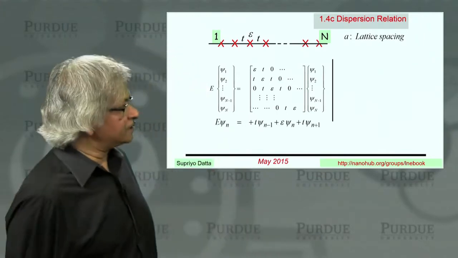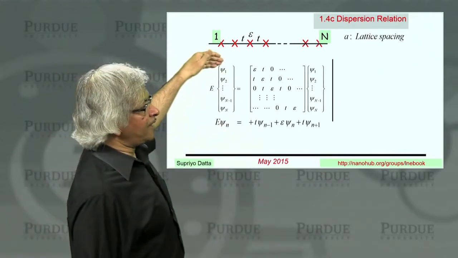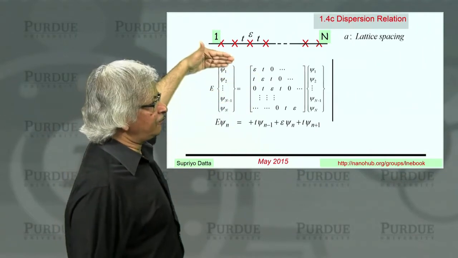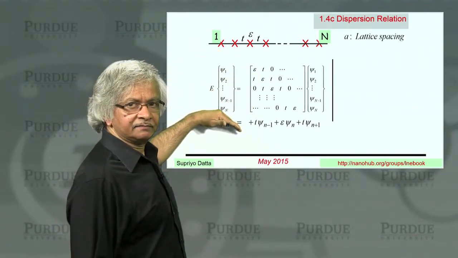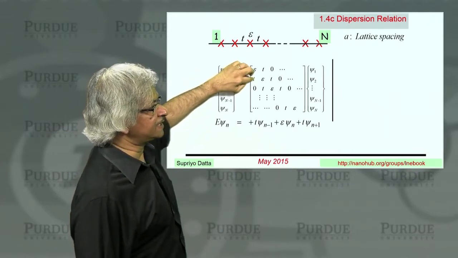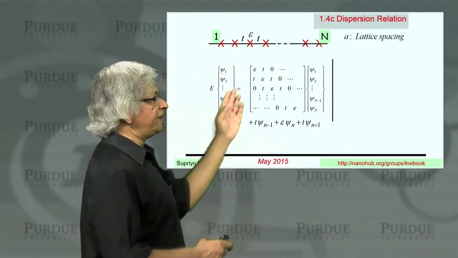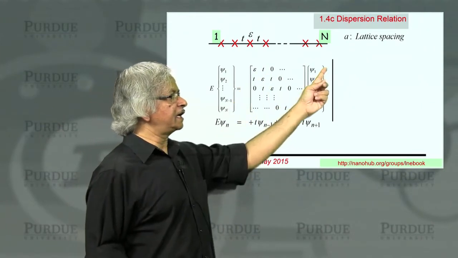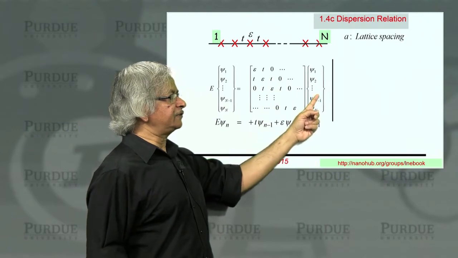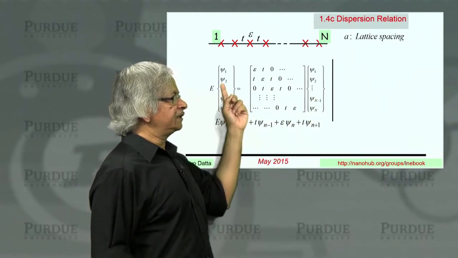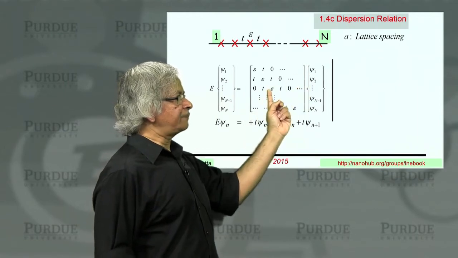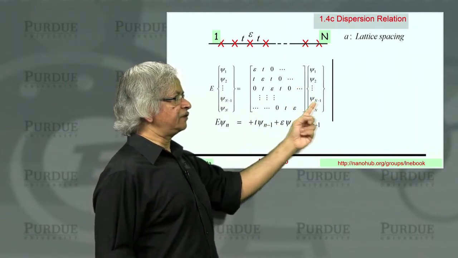So what you could do is, as you know, a matrix equation like this is actually a set of n algebraic equations. That is, you have E psi 2 is equal to T psi 1, you know, the rule for matrix multiplication, T psi 1, epsilon psi 2, and then T psi 3. Similarly, the next one, E psi 3, would be T psi 2, epsilon psi 3, T psi 4.